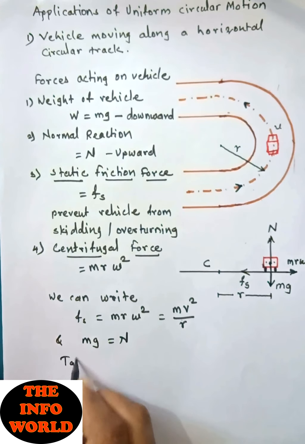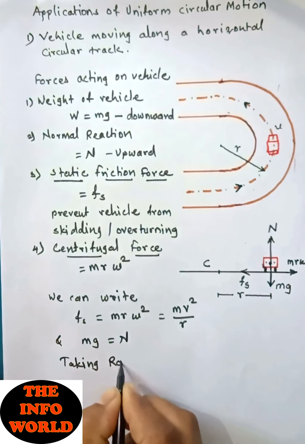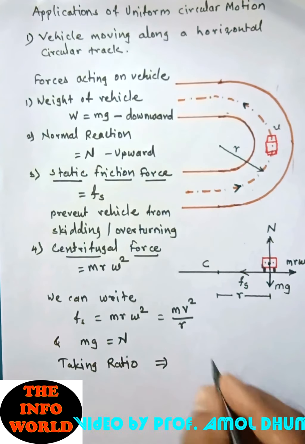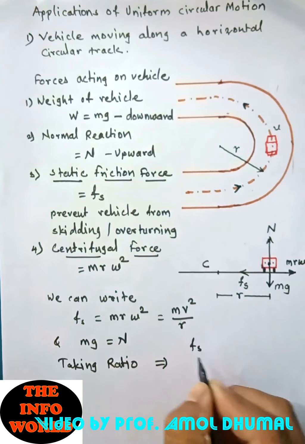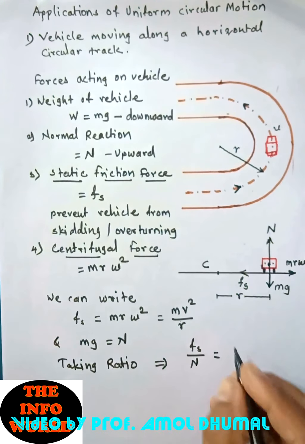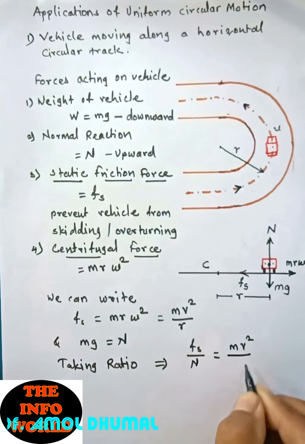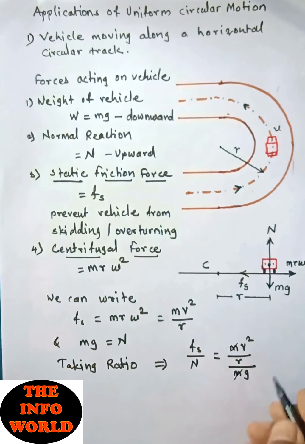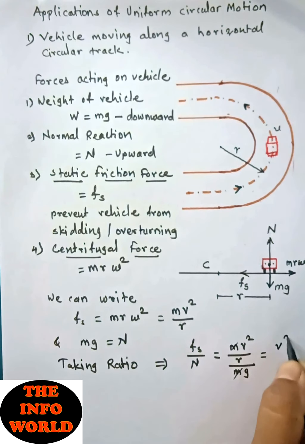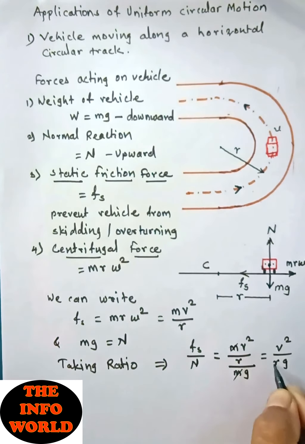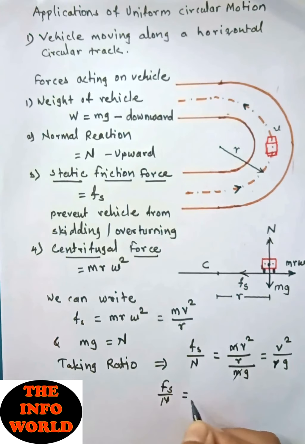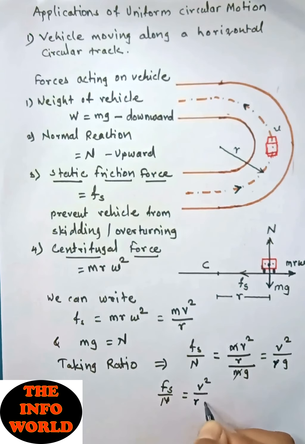By taking the ratio, we get Fs by n is equal to mv square upon r upon mg. So m will get cancelled. We get Fs upon n is equal to v square upon rg.